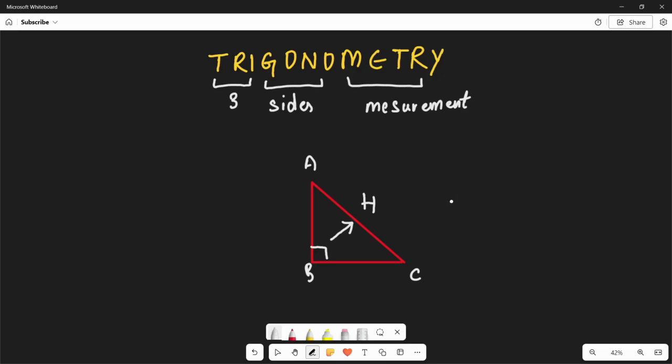Anytime, perpendicular or base is taken with respect to the angle which we are taking. For example, in this case, if I take angle C, then what is the perpendicular and base with respect to this angle? The perpendicular is nothing but the opposite side of the taken angle, and the base is nothing but the adjacent side with respect to this angle. That is, base becomes BC and perpendicular becomes AB.